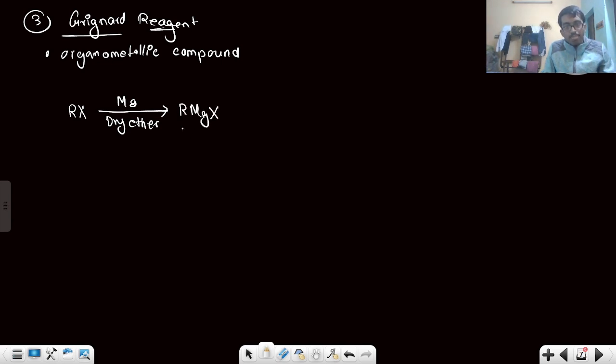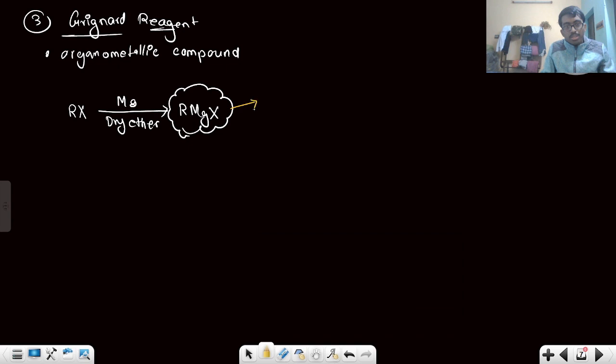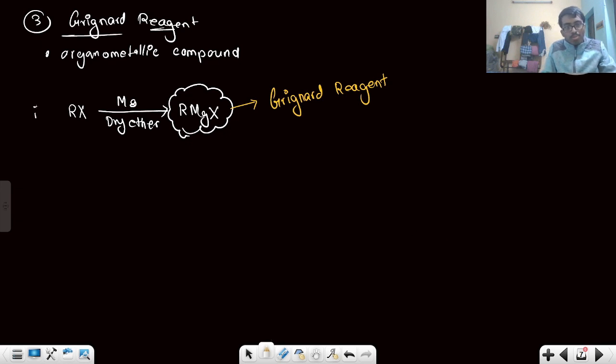And this RMgX is known as Grignard reagent. Did you understand? First step you have to prepare the Grignard reagent. So this Grignard reagent is first prepared by using this step. RX, you have to react in presence of Mg and dry ether to give you RMgX. That is, this is the Grignard reagent.